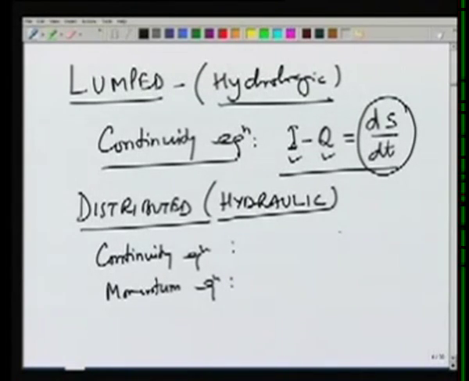So for example, if we are talking about a channel and the depth of flow is y at different times, we can write a continuity equation which would be of the form, and Q is the discharge. Q will be a function of x and t.